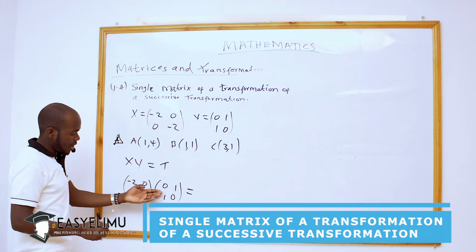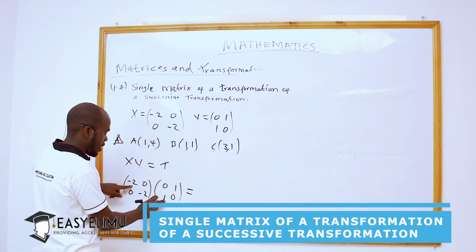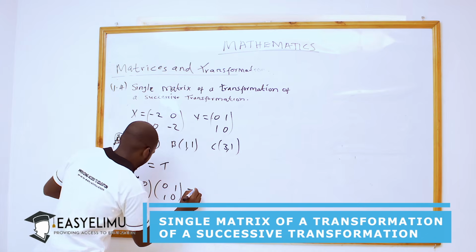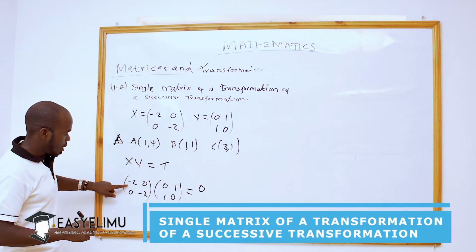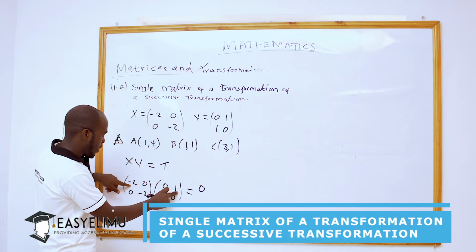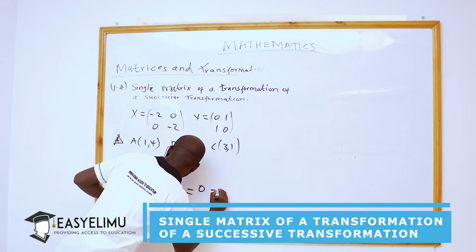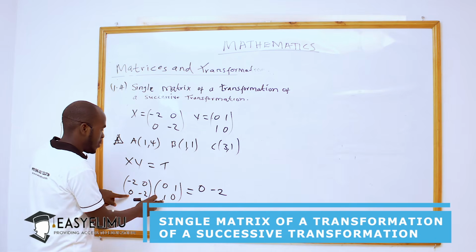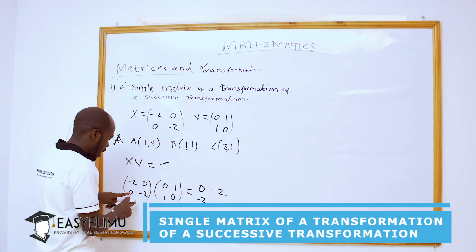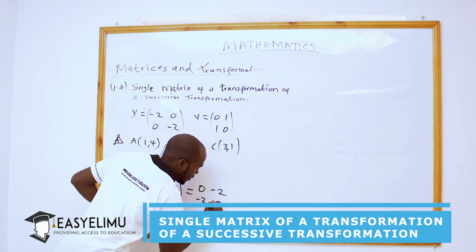If you multiply here, negative 2 by 0 plus 0 by 1, you get 0. Then negative 2 by 1 plus 0 by 0, you get negative 2. 0 by 0 plus negative 2 by 1, you get negative 2. And 0 by 1 plus negative 2 by 0, you get 0.